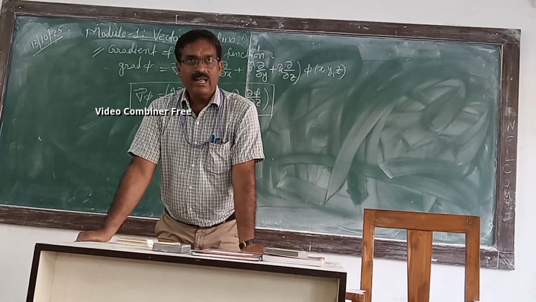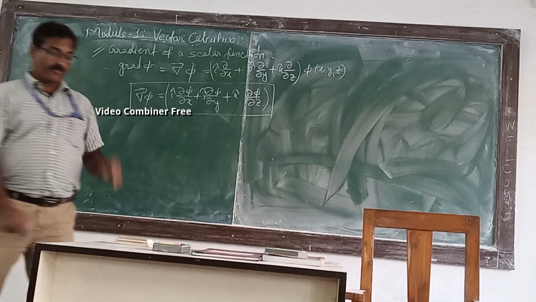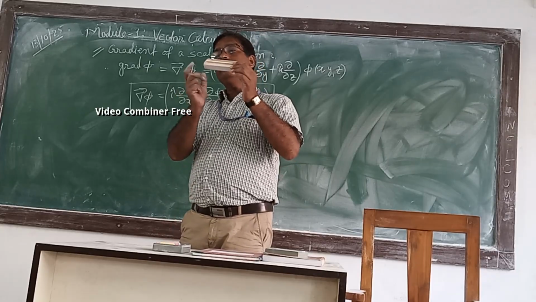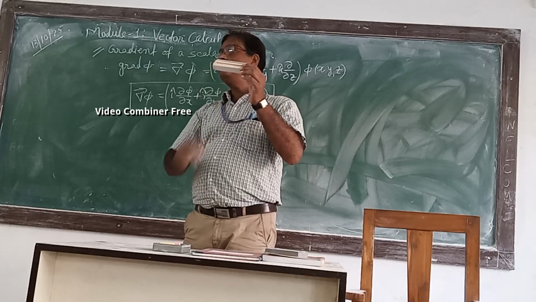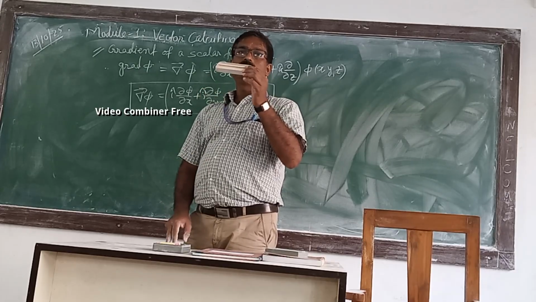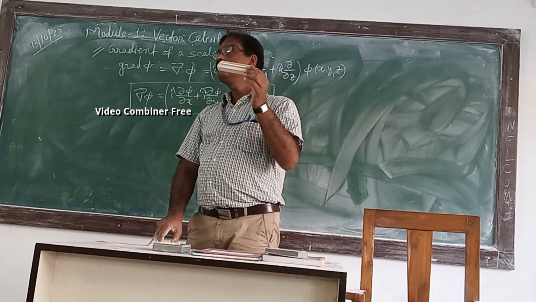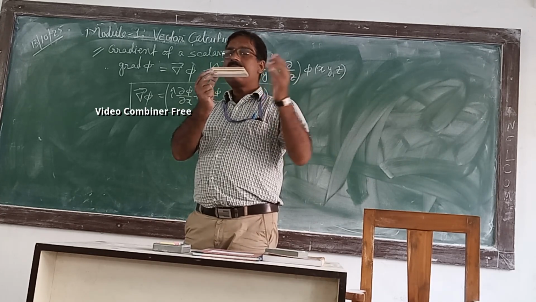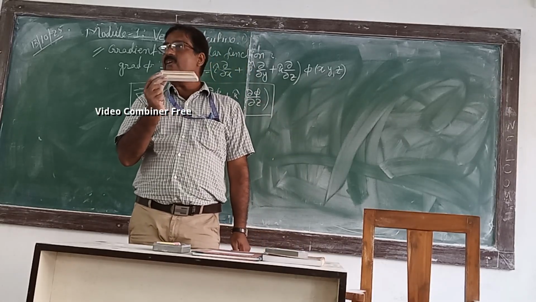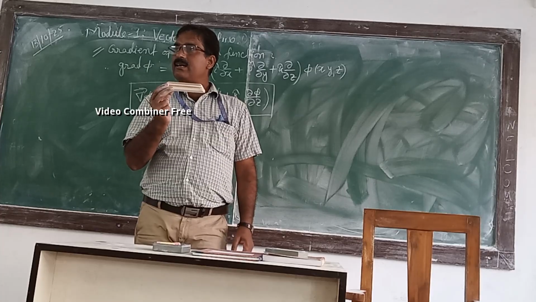These are scalar quantities. Now, what is the direction of the gradient? If this is a metallic rod, and we heat this portion, then what happens? The heat is transferred along this direction. Why? Because here the temperature is high, there the temperature is low. It flows due to the temperature difference, from higher to lower.